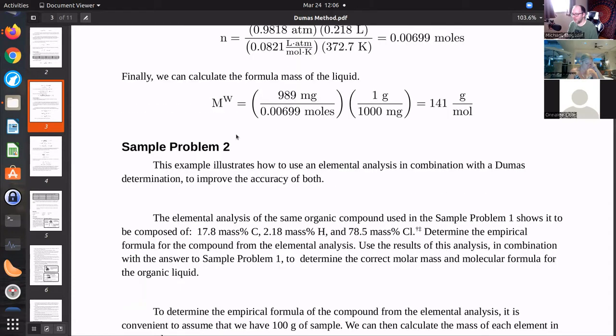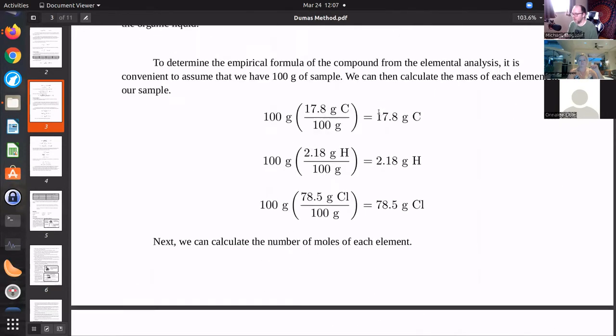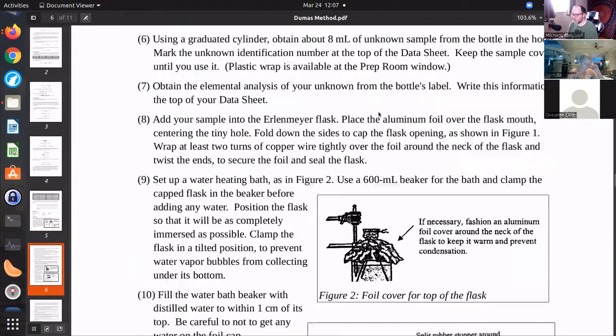And then you can calculate the molecular weight by taking that mass of the condensed sample and dividing it by the moles. Obviously, you usually want that in grams per mole. So there's a little conversion factor I made here because my data was given to me in milligrams. I believe I actually just gave it to you in grams, so you won't need that conversion.